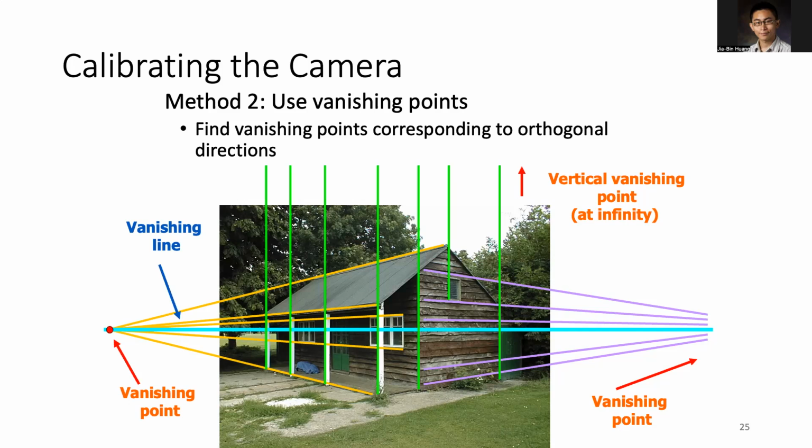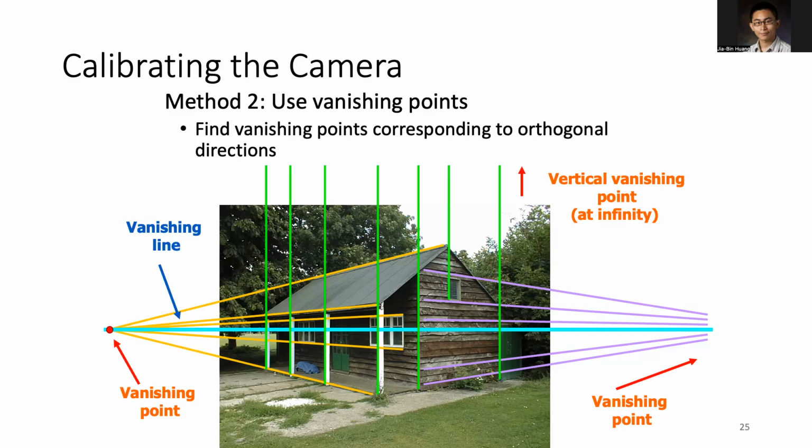How does the camera know that those lines are parallel? You can design an algorithm to do this. For example, you take the image, run Canny edge detection, and then run a Hough transform to get the lines.